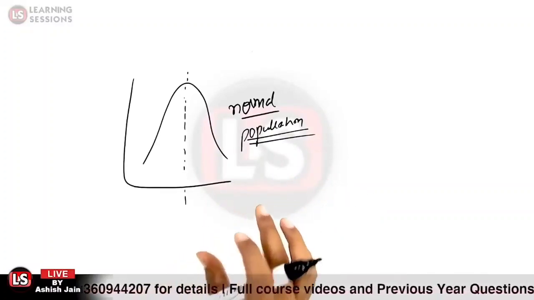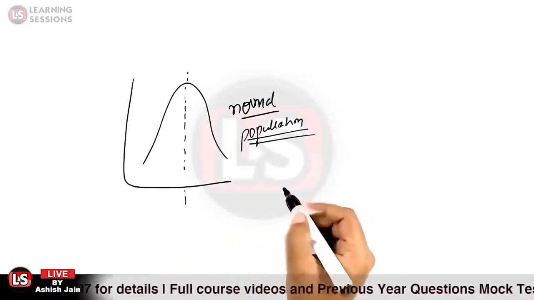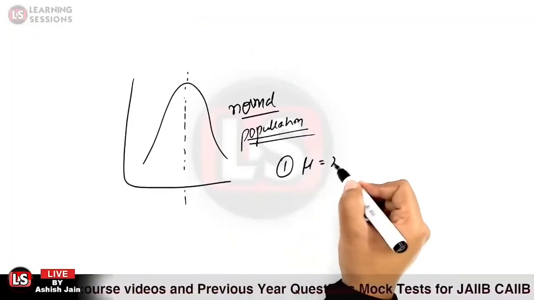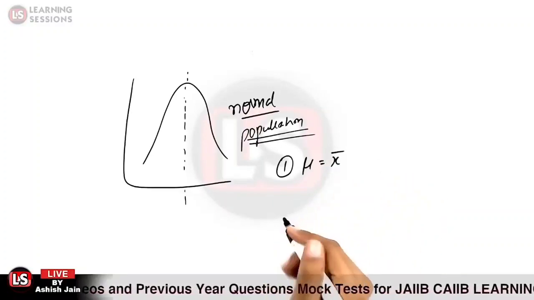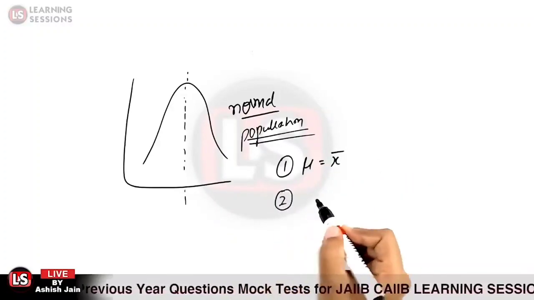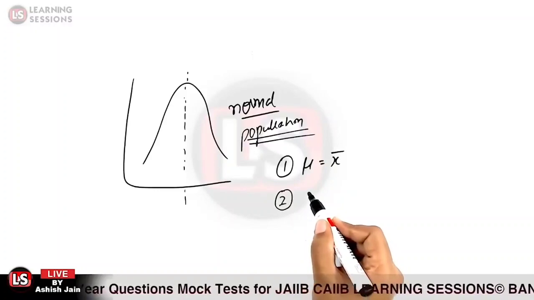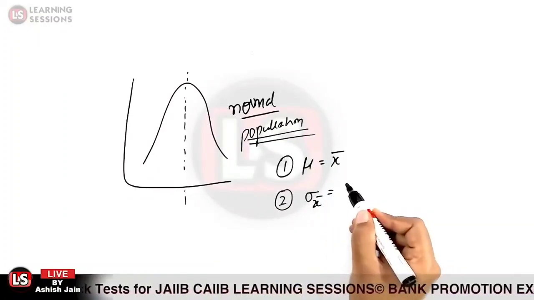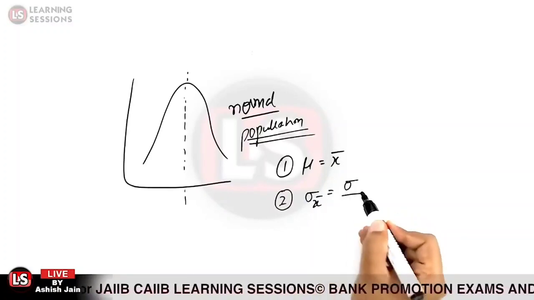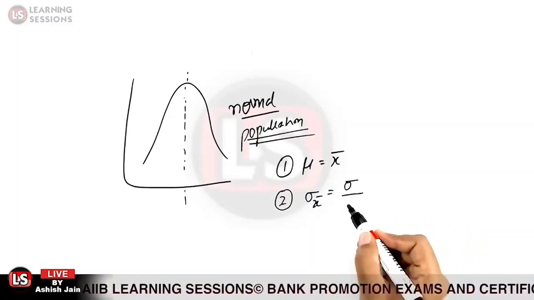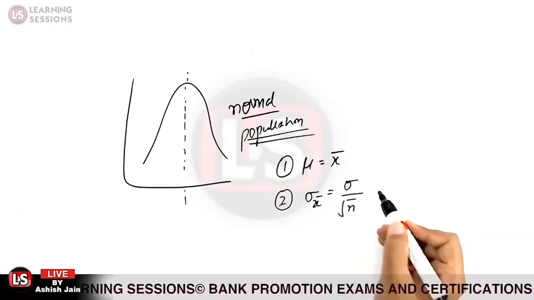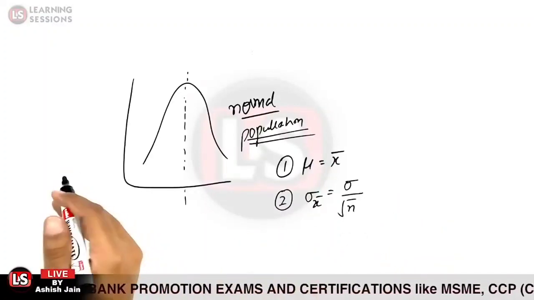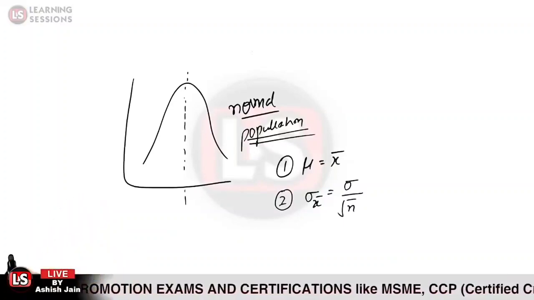And if the population is normally distributed, the mean of the population is equal to the mean of the sample itself. And the second inference is that the standard deviation or standard error of the sample is equal to the standard deviation of the population divided by the square root of n, where n is the number of entities in the sample.